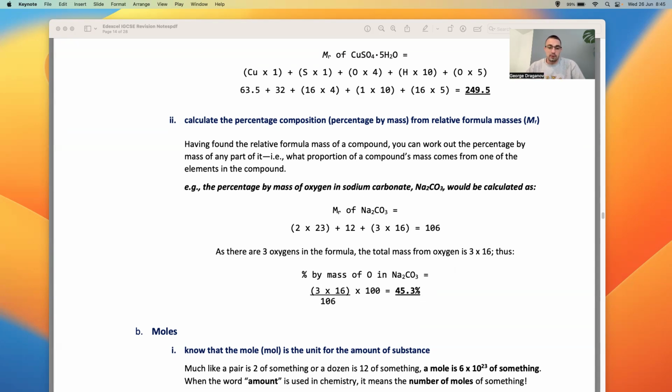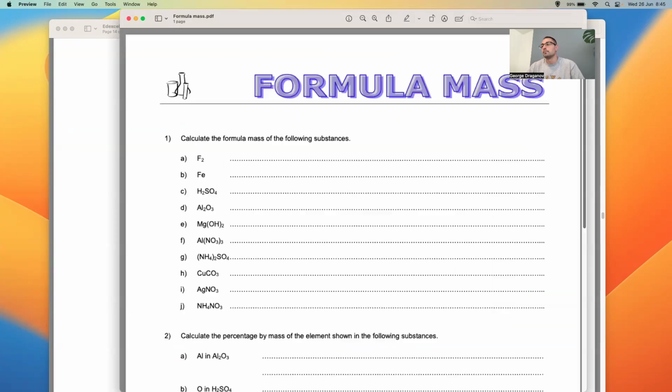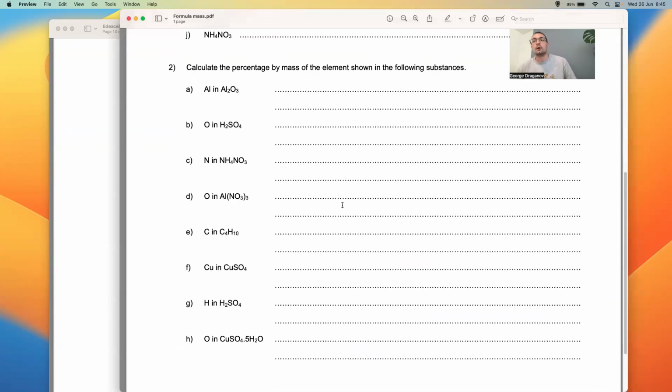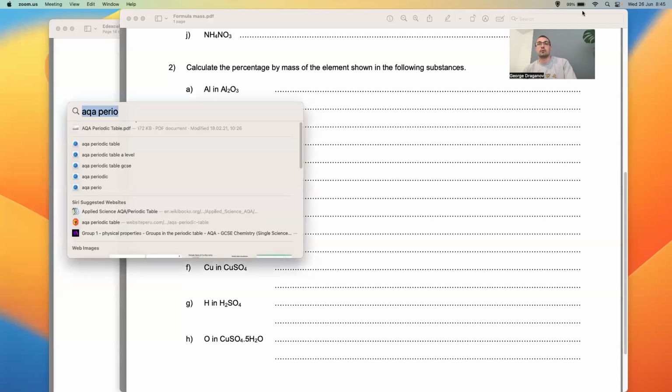I'll go through one example. Then you can try the rest on the worksheet. So let us do D. Find the percentage by mass of the element, so oxygen. I should bring up a periodic table as well, just to help you see where things are coming from.